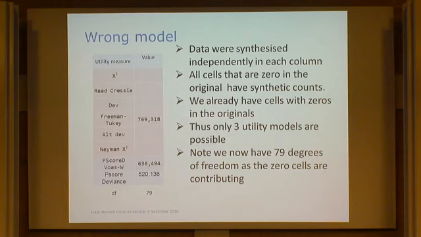Why can't you get the Alt-Devlin Neyman chi-squared? Because presumably you don't have any zeros in the synthetic table. You've got data in the synthetic table and you've got a 0 in the real data. Doesn't that rule out the top 3? It rules out the top 3, and the Alt-Dev and Neyman are ruled out for different reasons.